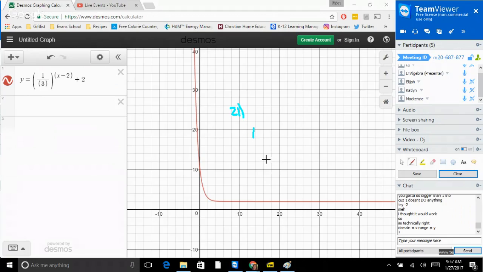What do you think the domain of this is? What x's can this be? For the domain, which is your x's, it's going to be all real numbers, right?